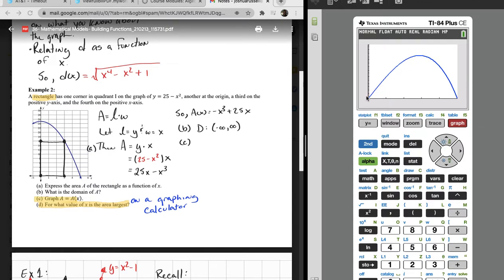Notice that this represents the area, and the bottom row represents your x. So x is equal to 0, and x equals 2, 3, 4, and 5. As your x's get bigger, your area actually increases.